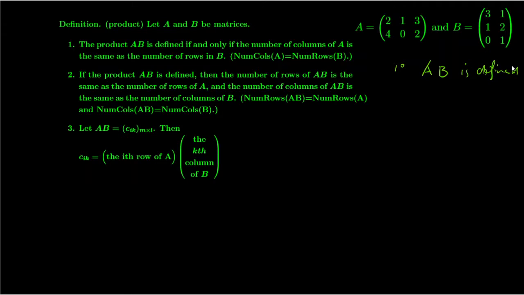Because there are 3 columns in A, the matrix on the left, there are 3 rows in B, the matrix on the right. It's defined. Later on, I'm going to give you a simpler way to see if the product is defined or not. But now you remember the definition. Only when the number of columns in A, the matrix on the left, is the same as the number of rows in B, the matrix on the right, only in that case, AB is defined.